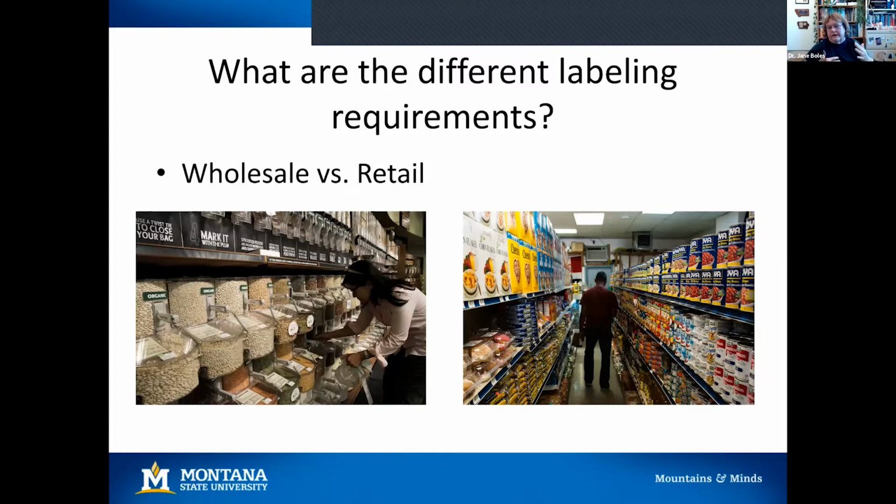All of those things have to be on a retail package. So the wholesale one usually has, or that outer container, that labeling of the outer container can be simpler, as long as everything within the box has all of the product. So once it leaves whoever made it, it has to have all of the pieces on it so that when it gets to its destination, they can take it out.